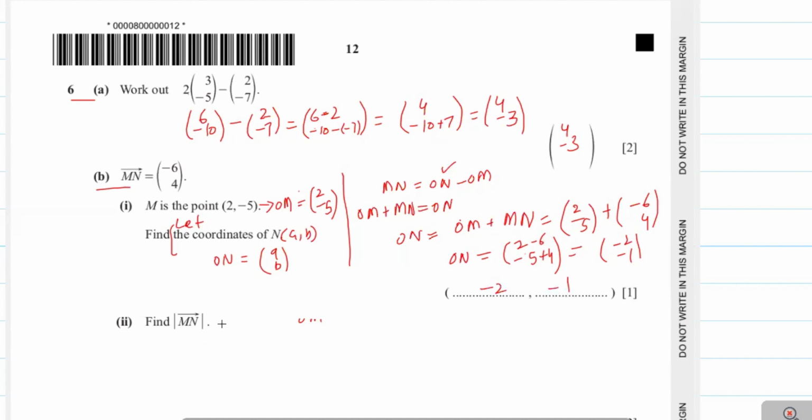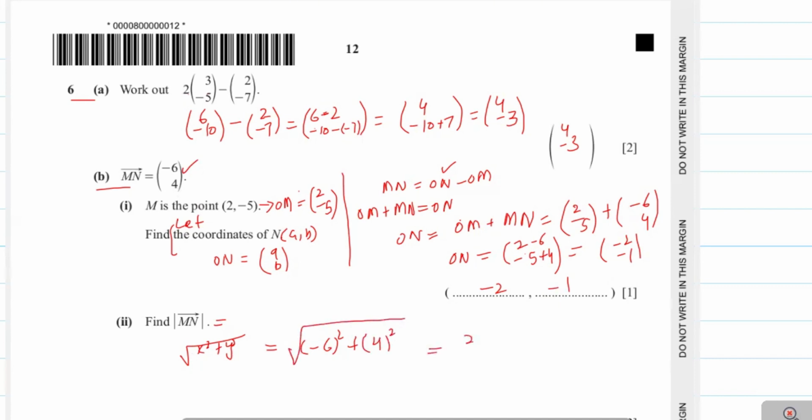Next, part second, we have to calculate the magnitude of MN, and this will be equal to the square root of x squared plus y squared. Here the value of x of MN is -6, so we write (-6) squared, and the value of y is 4, so we write 4 squared, and we take the square root.